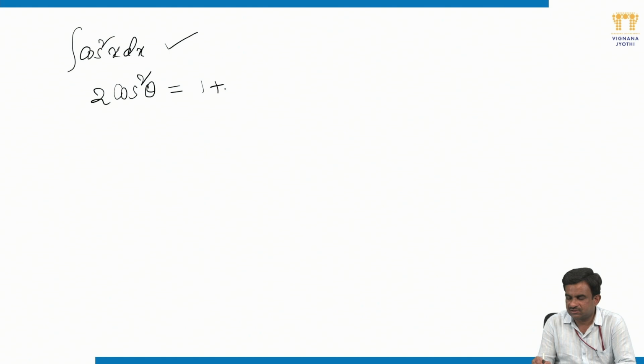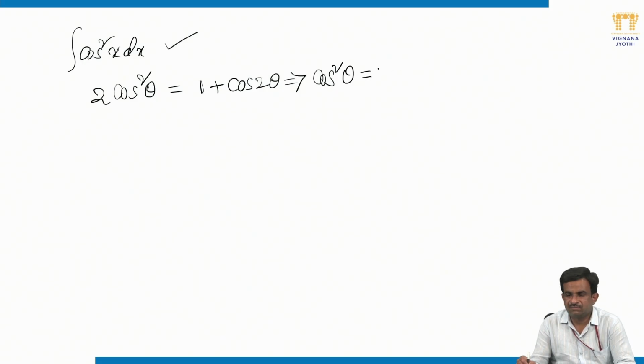So if it is cos square theta, we can write this as 1 plus cos 2 theta divided by 2. Since the integrand is given in terms of x, if you use theta as x, you can write cos square x as 1 plus cos 2x divided by 2.